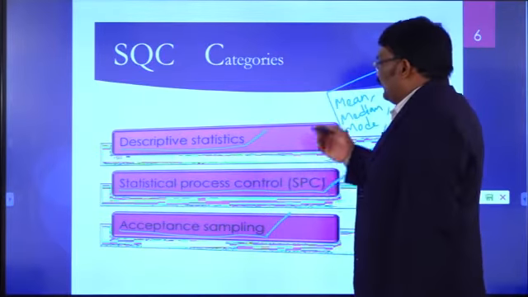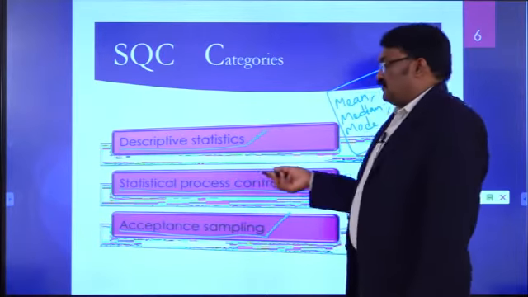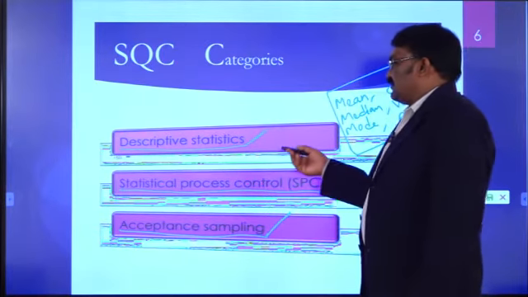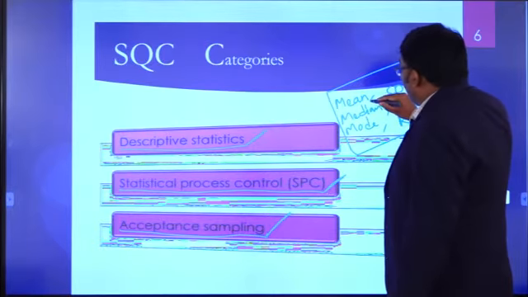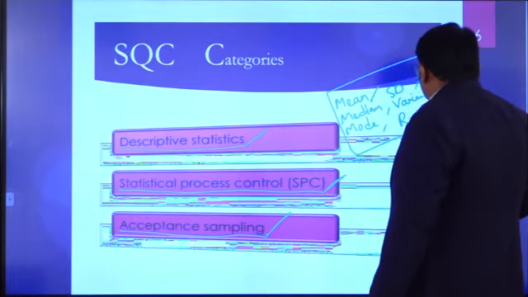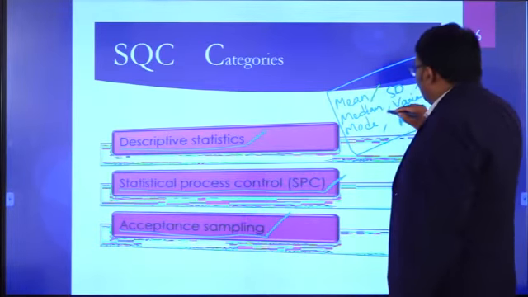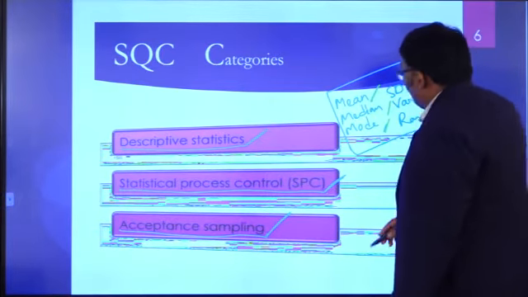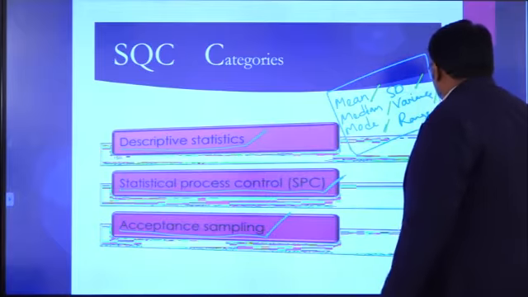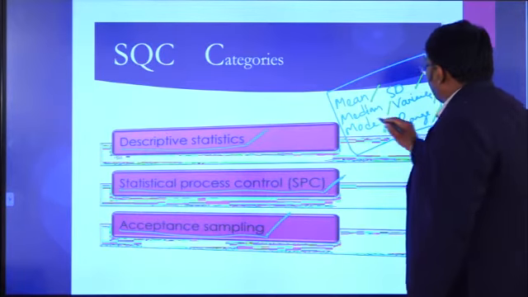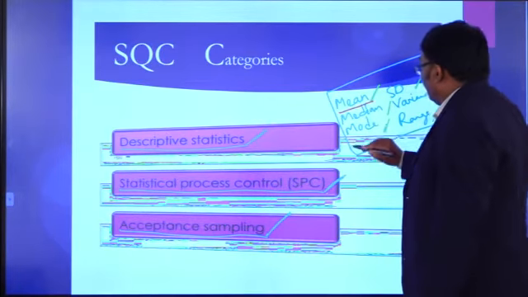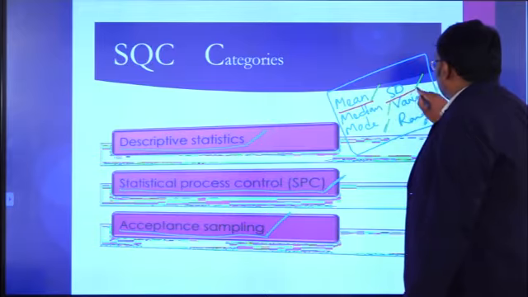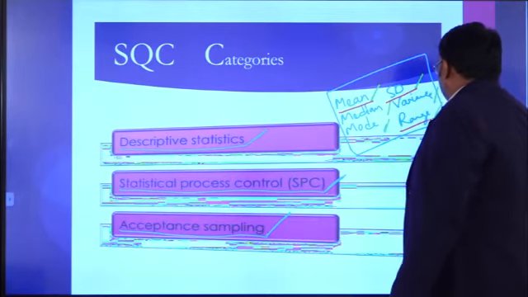Describing that sample can be done with any of them: through mean, median, mode, standard deviation, variance and range. Mostly with statistical quality control, we take the mean, the standard deviation and the range.